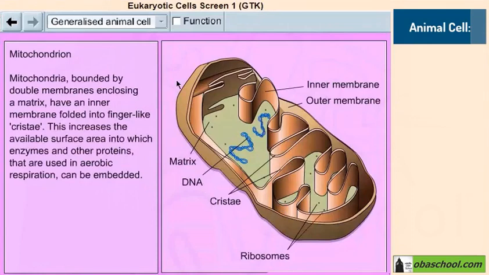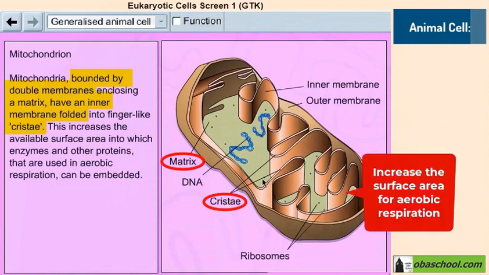So, mitochondria is usually bounded by a double membrane enclosing a matrix, which has an inner membrane folded into finger-like structures called the cristae. These cristae increase the surface area for aerobic respiration.